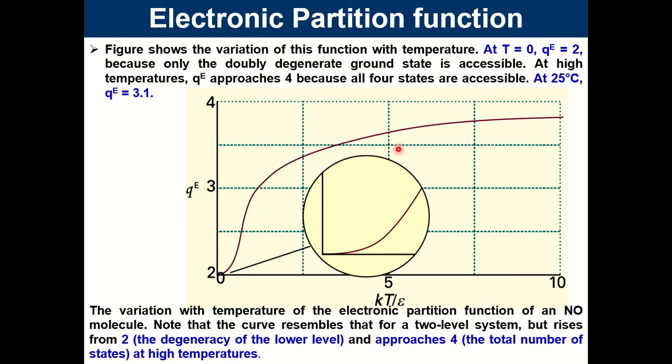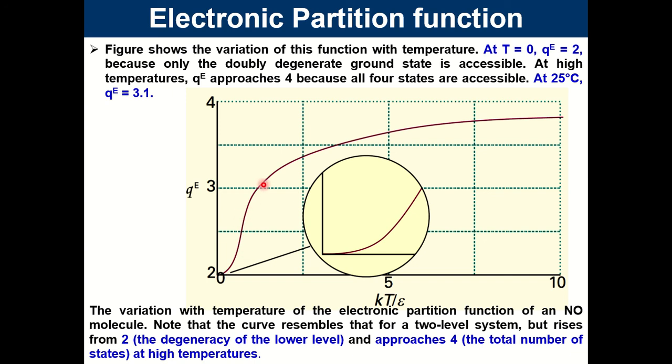If you plot the function, you will find that initially it starts with 2, in contrast to all other molecules where it will start at 1. But in this NO molecule, because of the degeneracy of the ground state, when temperature is low the partition function is equal to 2.